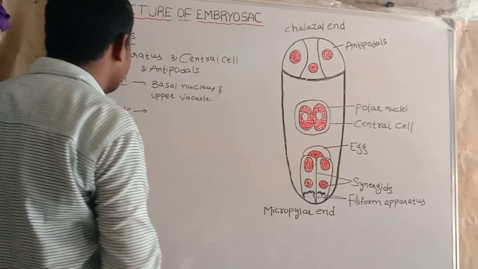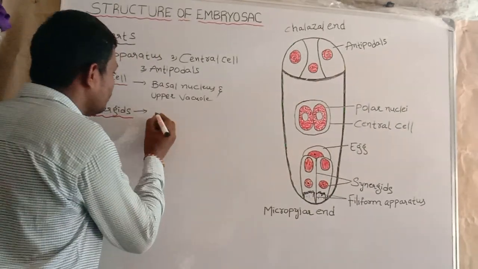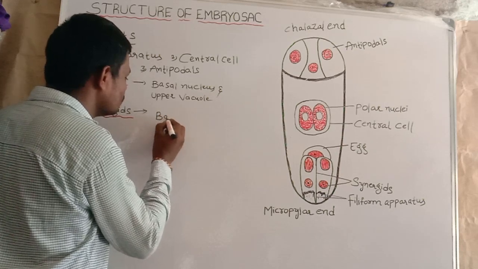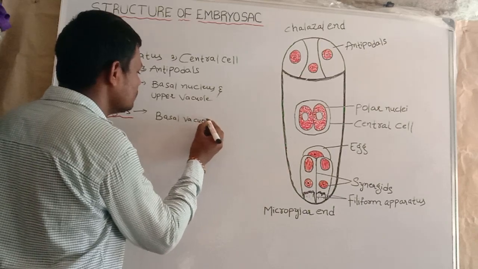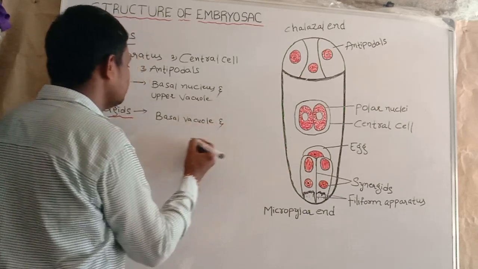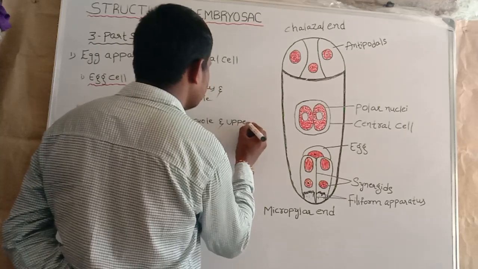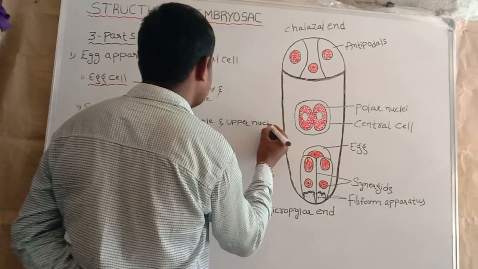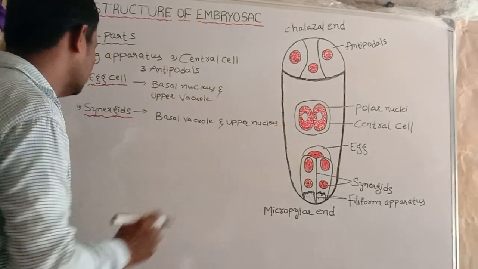Synergids are identified by a basal vacuole and an upper nucleus.